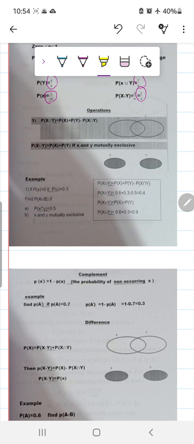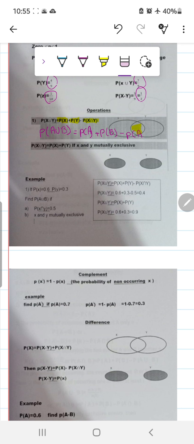So we have the probability of X plus the probability of Y, and to avoid repeating, minus the intersection between them, this region. So the probability of any two sets, like the probability of A union B, equals the probability of A plus the probability of B minus the probability of the intersection between them.